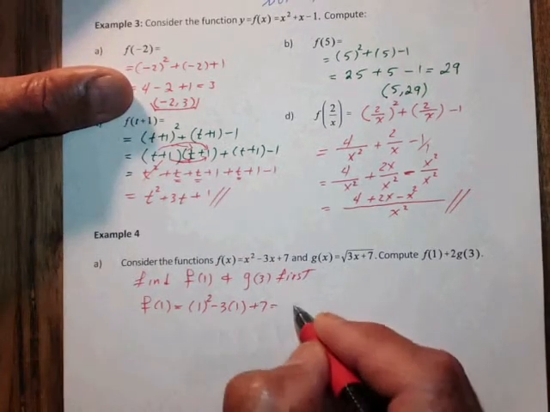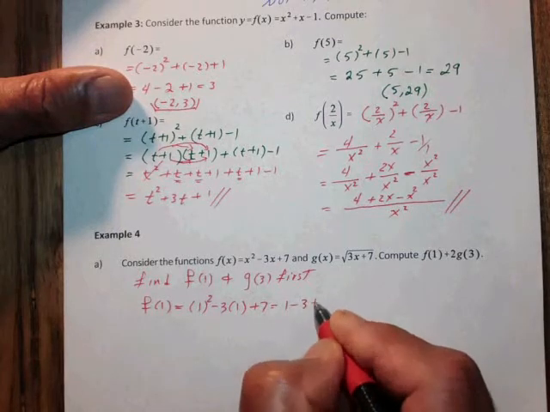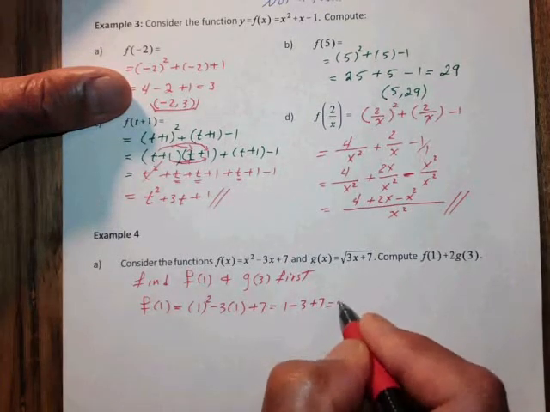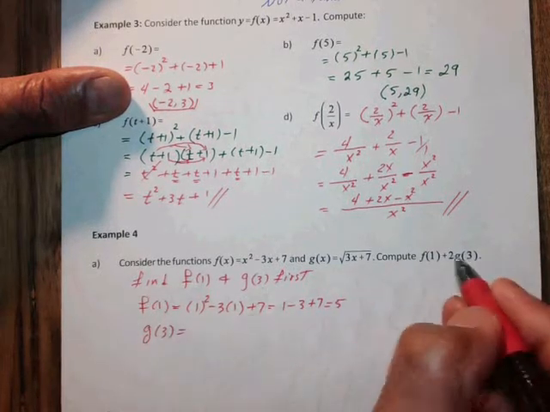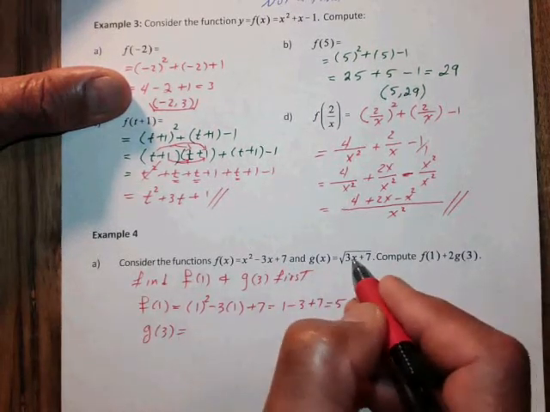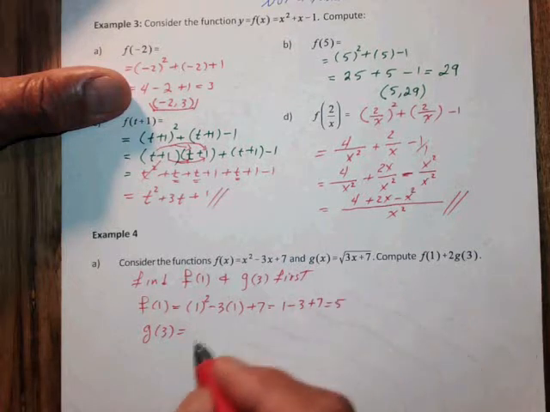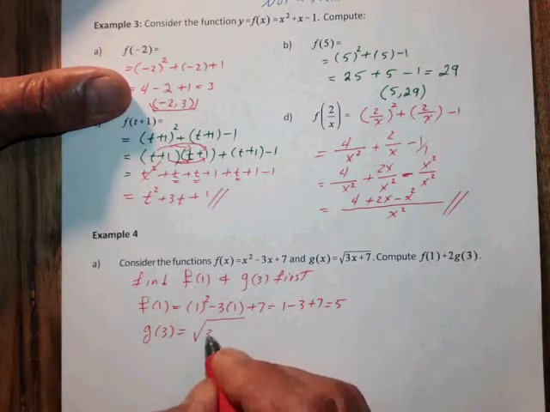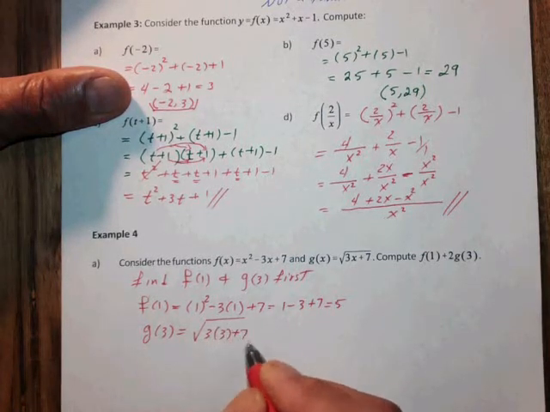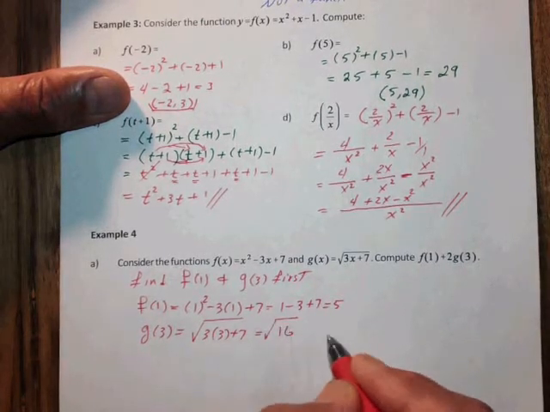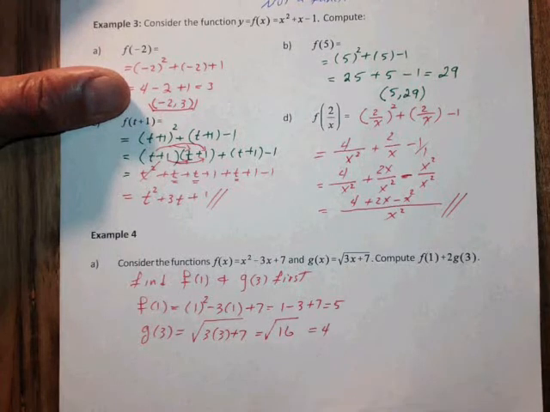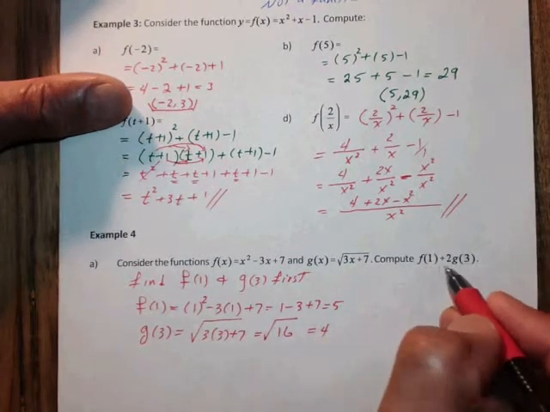So we get 1 minus 3 plus 7, so this is 5. g of 3 is, replace 3 for x, you get the square root of 3 times 3 plus 7. You get the square root of 9 plus 7 is 16, so you get 4. So I computed both of these two.